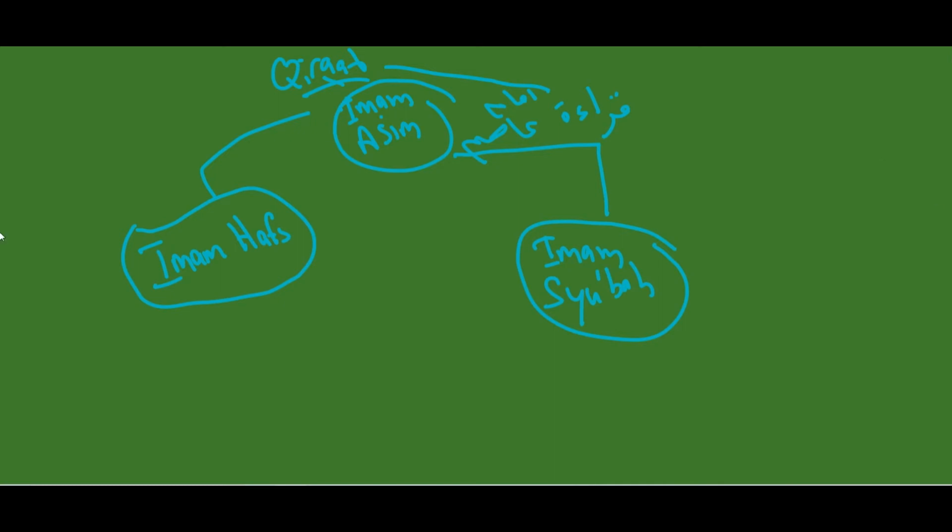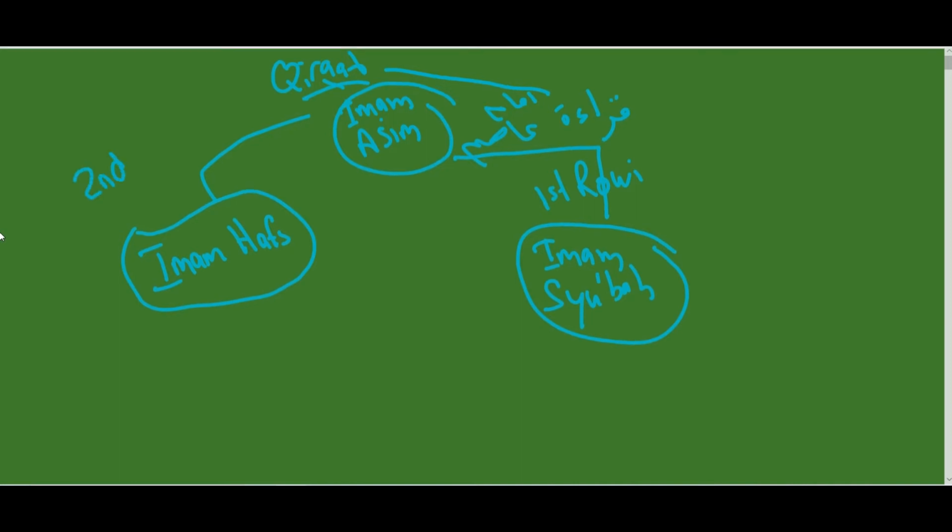One is Shu'bah, the first rawi. Then we have Imam Hafs, the second rawi. So there are two rawi in the chain of knowledge of Imam Asim. You get what I mean?